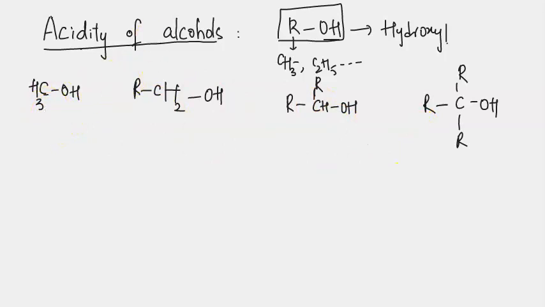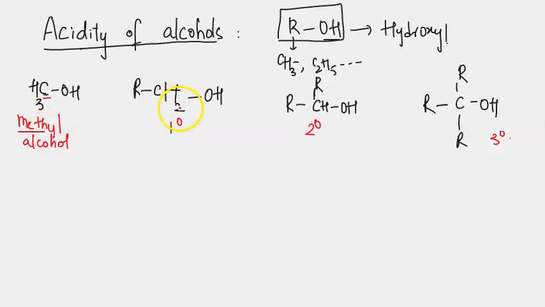The names we can give these compounds are: first, methyl alcohol, the second is primary, this is secondary, and this is tertiary alcohol. So why do we call this methyl alcohol? It's because the OH group is directly connected to only a single carbon and no other carbons are attached beside it. So we just give it the name methyl alcohol.